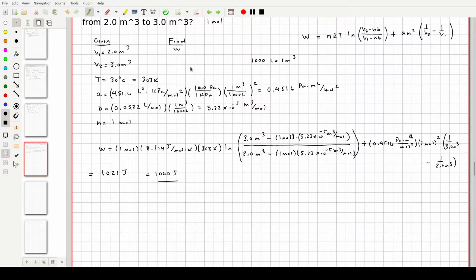Okay, so the last thing I want to talk about in this particular lecture is the relationship between specific heats when you have a gas at constant volume, and specific heats when you have something that's undergoing a change in volume at constant pressure.